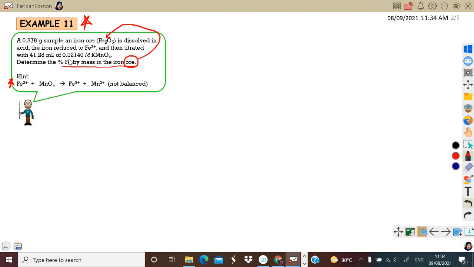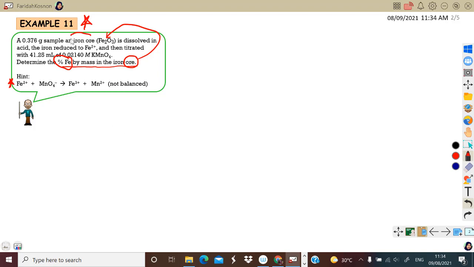You are going to determine the percentage by mass of iron in the iron ore. Okay, so how to solve the problems? We have to refer to the information in the question. Okay, so first of all, you have 0.376 gram sample of an iron ore.